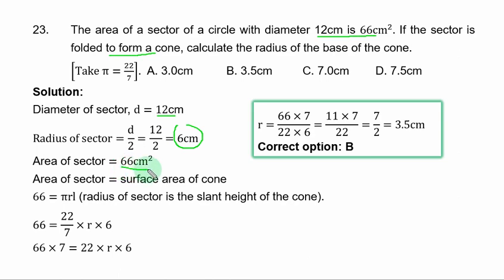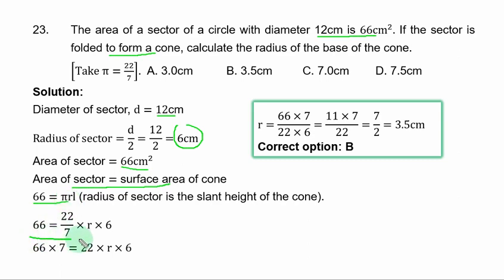Since the sector is folded to form a cone, we can say that the area of the sector is equal to the surface area of the cone. That is 66 equal to pi r L. Now, by the relationship between a sector and a cone, the radius of the sector is equal to the slant height of the cone. That means L is equal to 6.